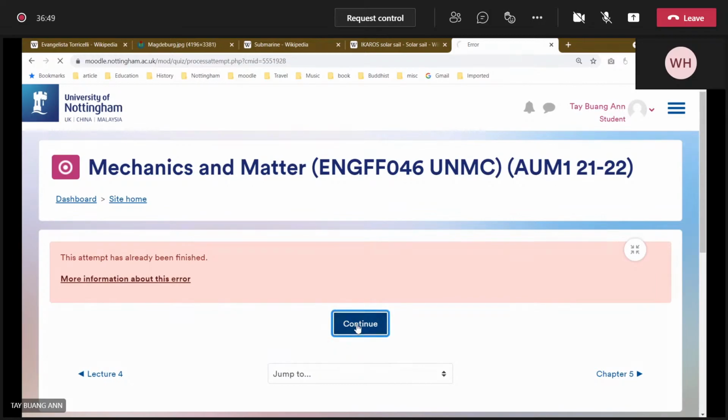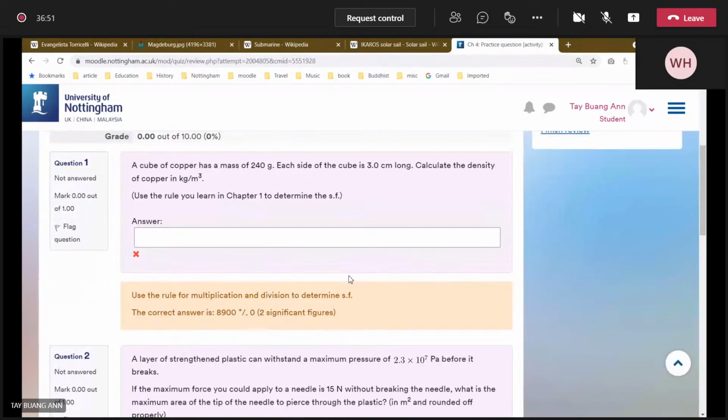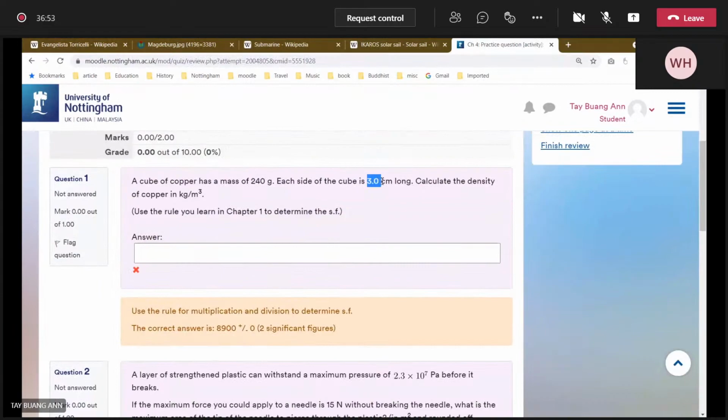Using the rule in chapter 1, when you do the division, you take the one with the least significant figures. So this is a simple exercise. We leave it at 8,900, with two significant figures. And you need to make sure you are able to convert the unit correctly.